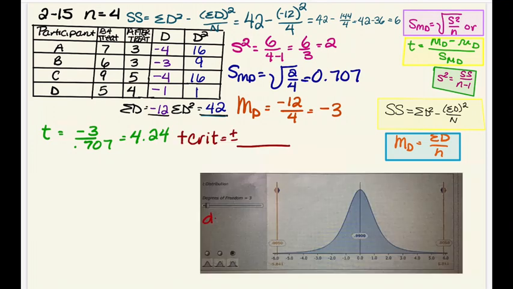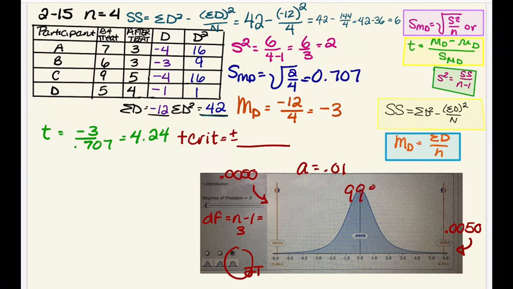4.24. In order to determine whether that is significant or not, we'll find our critical t value by moving our degrees of freedom slider to 3 and moving the t sliders to where there's 0.005 in each tail and 99% of the scores are in the body.